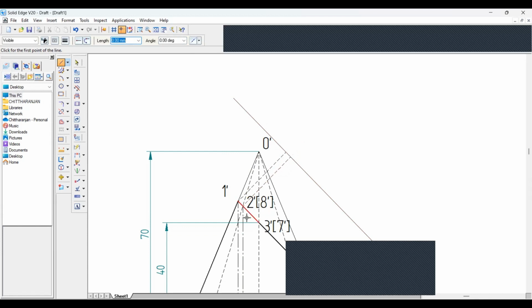And now from here, and again from this point, 45 degree.